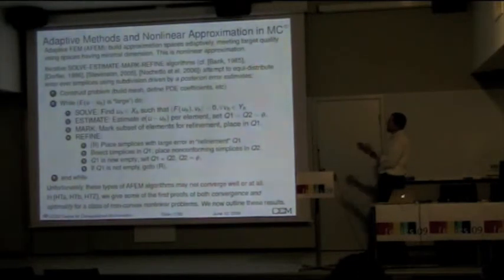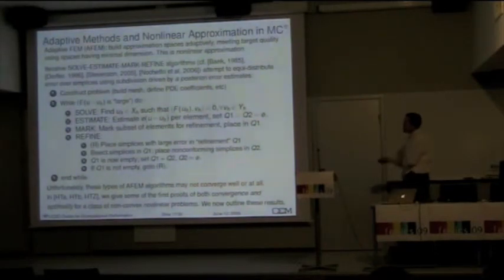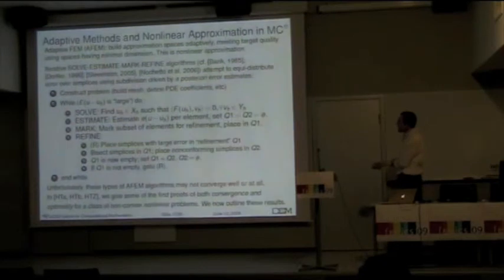So say you mark the top 30% of the worst error violators. And in fact, the marking strategy can be very complex, and one of the areas that people have been working quite a bit the last few years is to come up with a very simple marking strategy where you can still prove convergence results. So the interesting thing is that people have been using these algorithms for probably 30 years in finite elements that go back to at least the early 80s.